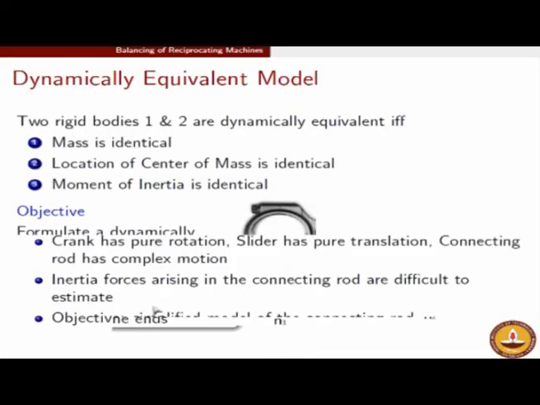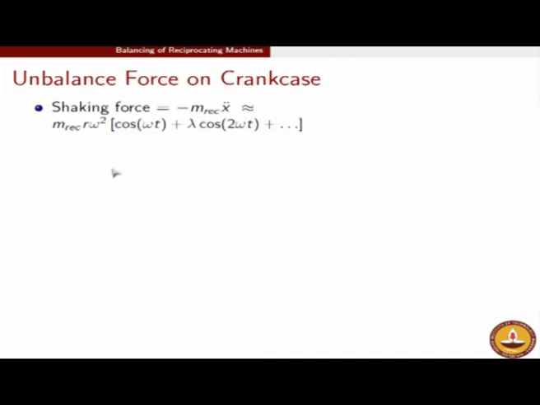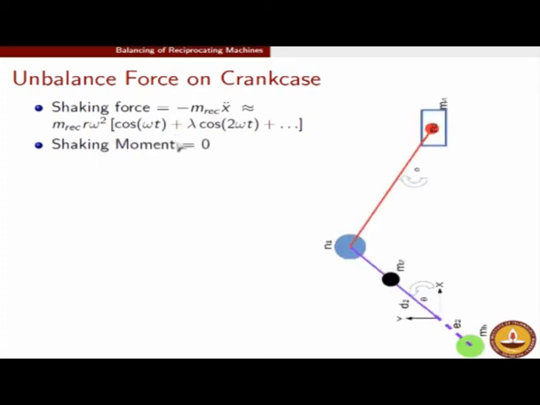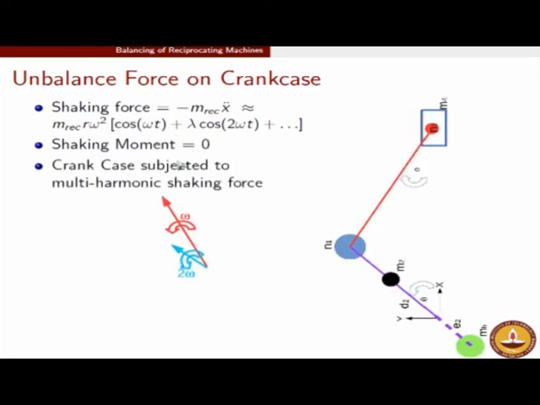At this stage, as we have seen, we have been able to find a nice compact representation for the shaking force, which is this. And the shaking moment is 0. Now this shaking force can also be thought of as a rotating unbalance, but the force in a rotating unbalance goes in all directions, whereas here it is only the cosine component of this rotating unbalance which will hit our frame.